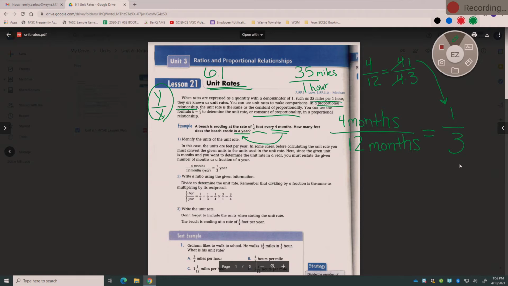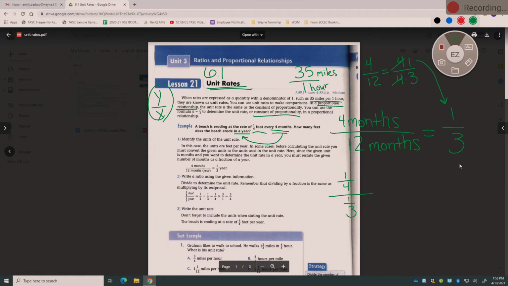So then we know that instead of saying it erodes at 1/4 of a foot every 4 months, we can say that it erodes 1/4 of a foot every 1/3 of a year. And I know you're looking at this and you're thinking, fractions inside of fractions.